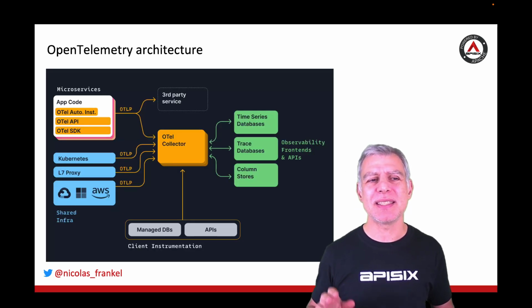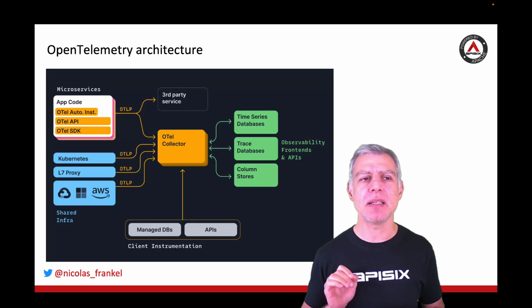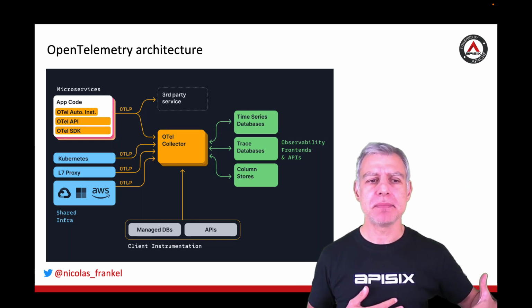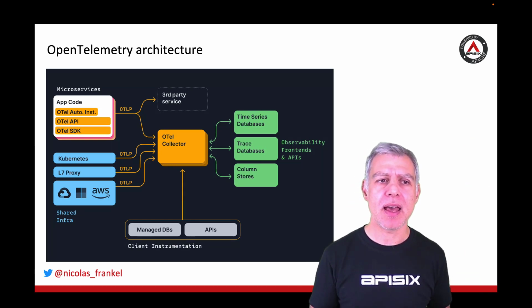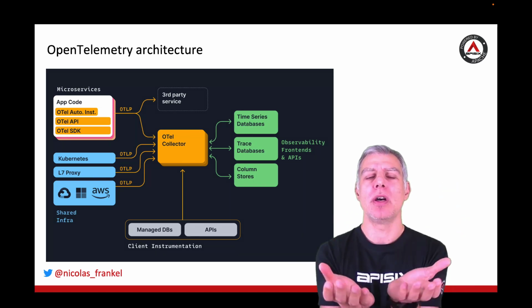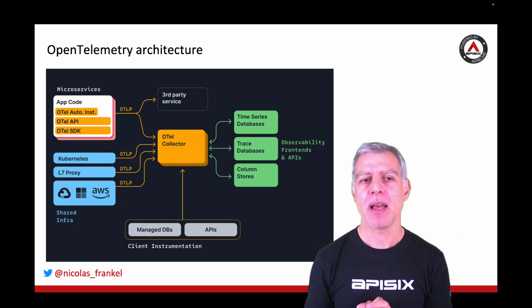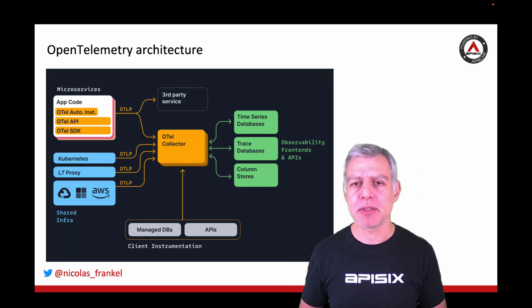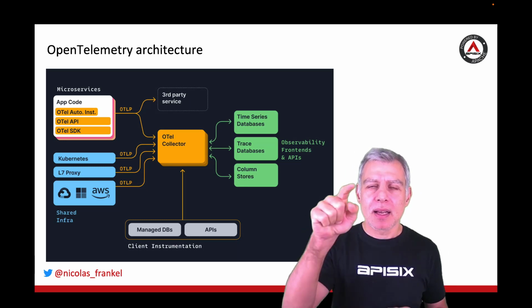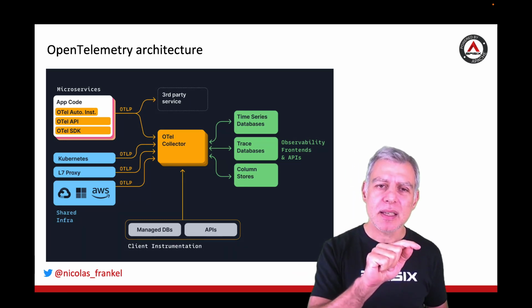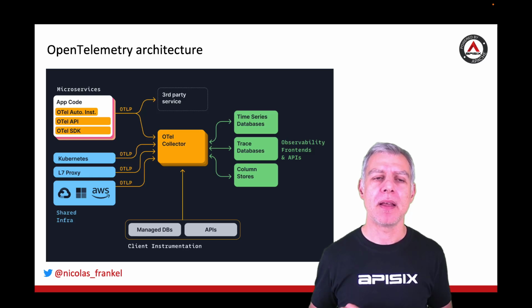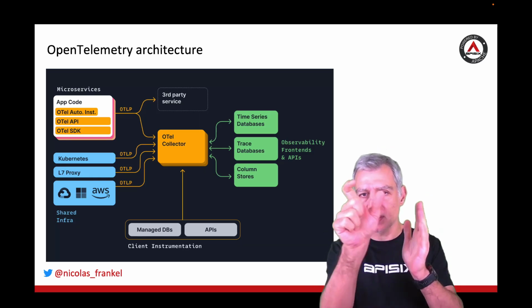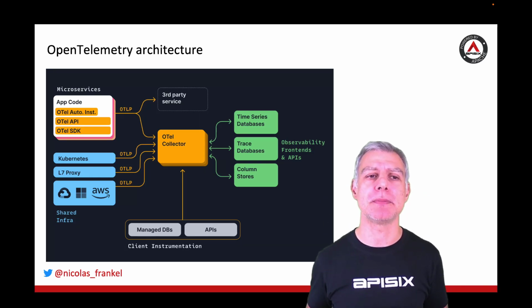The architecture in itself is quite easy. Basically, you've got components, whatever they are, and then you've got what they call an OpenTelemetry collector. And this OpenTelemetry collector accepts data in a specific format. And this specific format allows to have this parent-child relationship between spans.